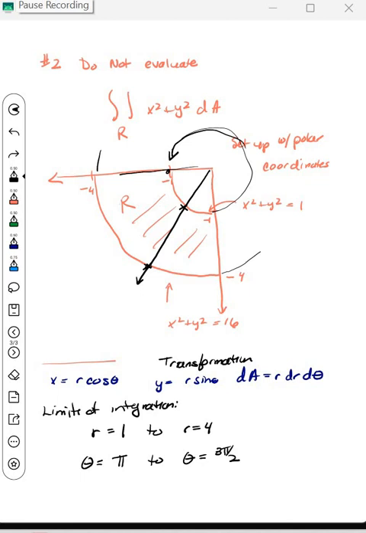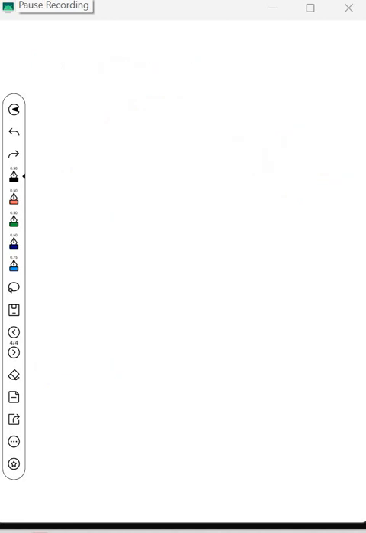So if I set up the integral, I'm going to get theta from pi, I meant to write pi, to theta equals 3 pi over 2.